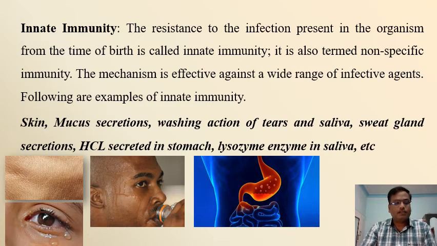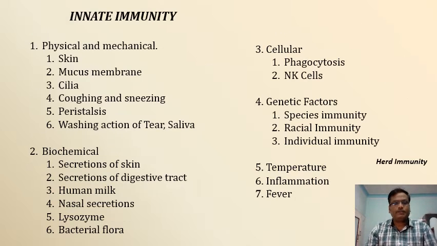I can give the example of skin, mucus secretions, washing actions of tears and saliva, sweat gland secretions, and the hydrochloric acid secreted by the stomach glands, and lysozyme enzyme which is present in most of the body fluids. They give us the general protection. Let us see them in detail. These are different types of barriers which are helping us to protect ourselves from infection.